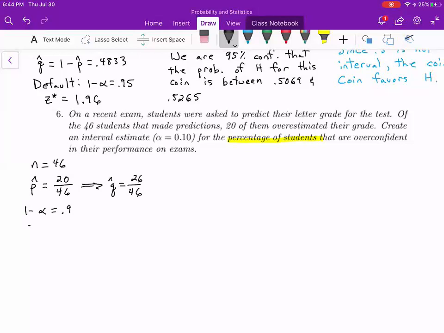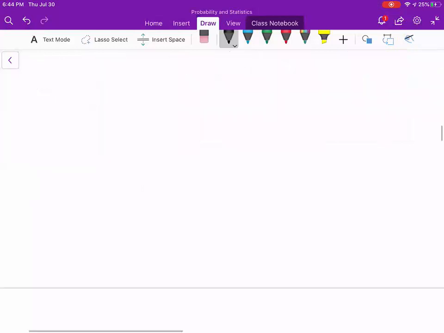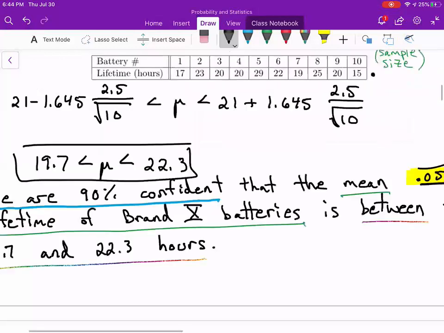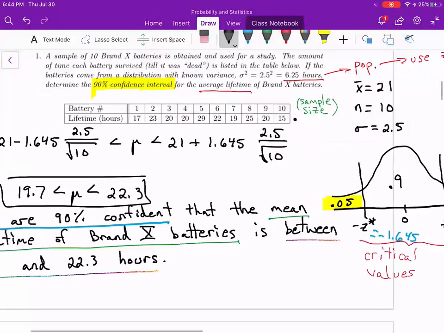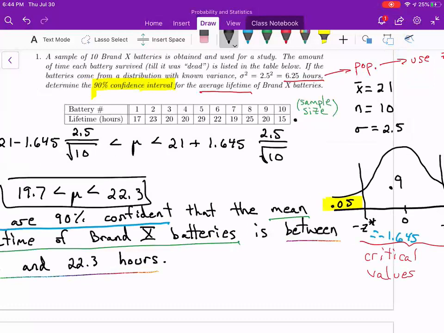And from problem 1, which also used 90% and the z-table, just in case you don't have that one in your notes, what was the value of the critical value that we used for the 90% confidence interval from z?